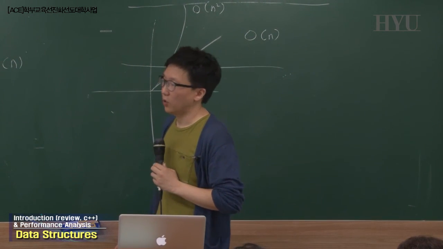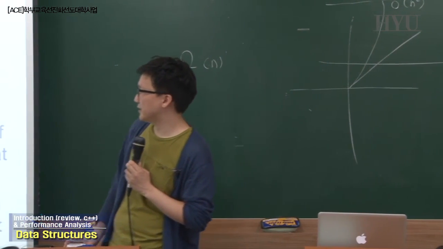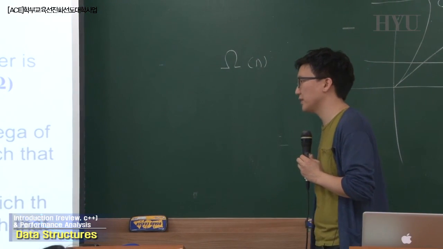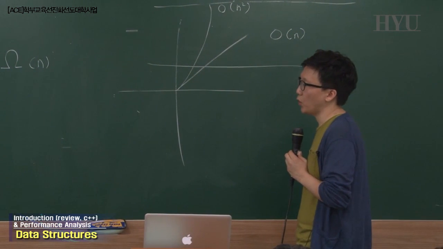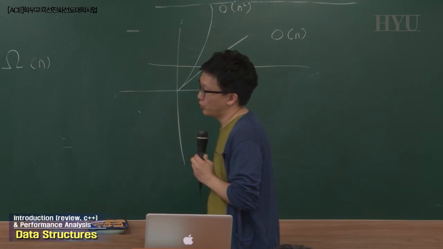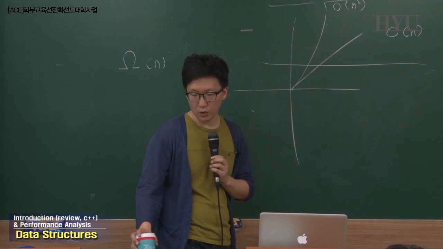That is, omega of g comprises all functions f for which there exist a constant c and a number n0 such that f(n) is greater than or equal to c times g(n) for all n. And for all n, it's okay. N can be equal to or greater than n0.